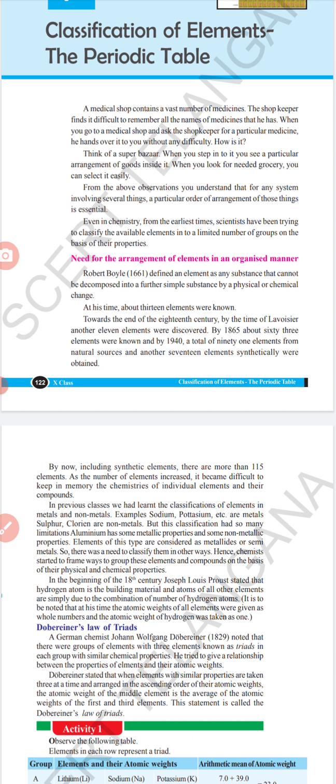But this classification had many limitations. Why? Aluminium has some metallic properties and some non-metallic properties. Elements of this type are considered metalloids or semi-metals. So there was a need to classify them in other ways. Hence, chemists started to frame ways to group these elements and compounds on the basis of their physical and chemical properties.